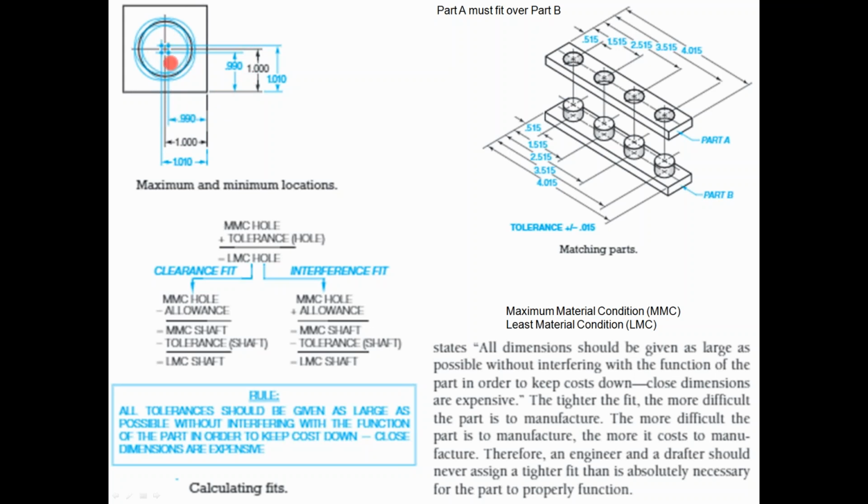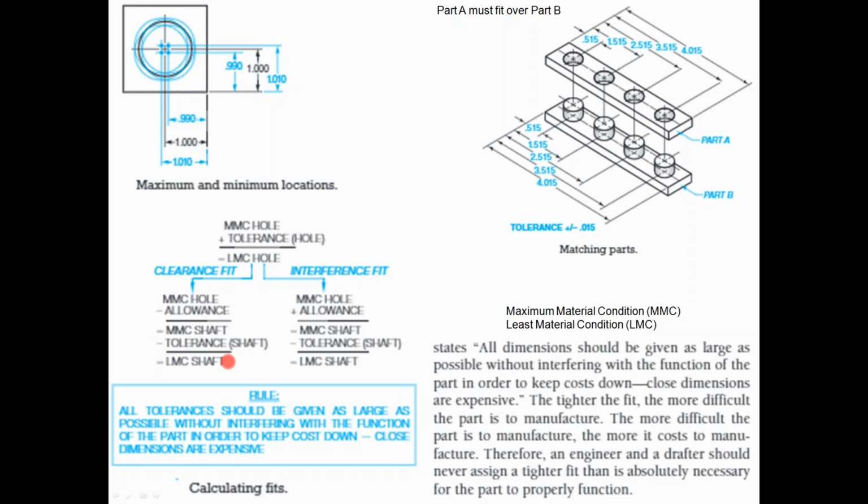To determine that, you have maximum material condition plus tolerance of the hole equal to least material condition. So we have a clearance fit and an interference fit. For the clearance fit, simply use MMC hole, maximum material condition of the hole, minus allowance equal to MMC shaft minus tolerance to get the least material condition.